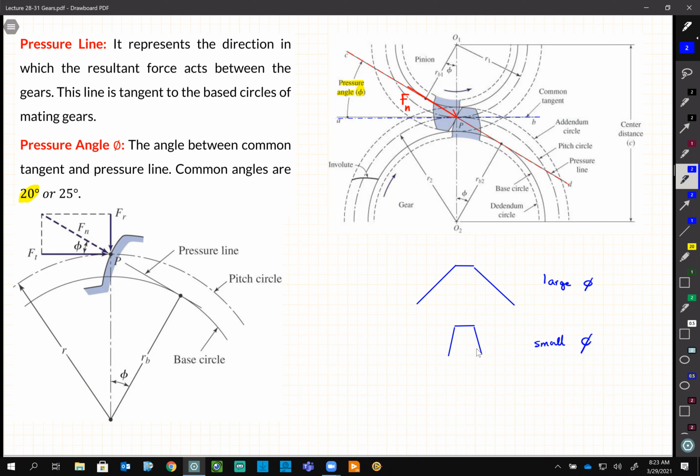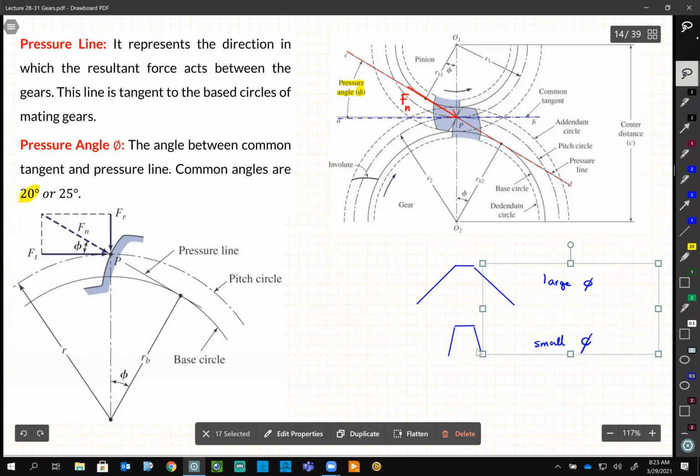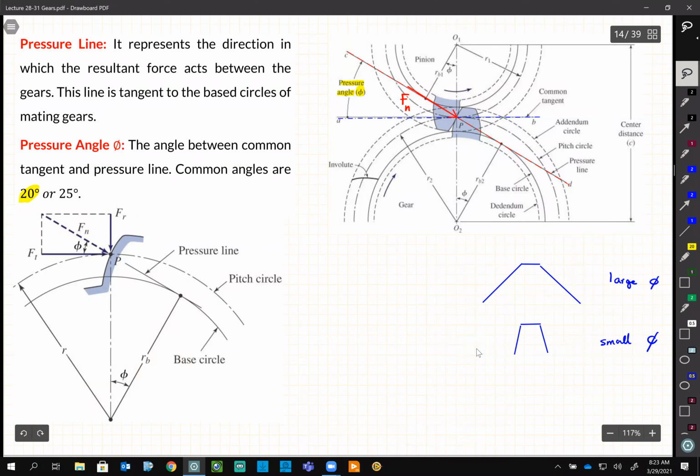So you can use this as a practice, let's move this over there. On the picture here, see this is the pressure angle, phi. If I have Fn, I get the components Ft and Fr, and Ft is the one that is doing the rotation, most of the work, right? Fr is just going to the center.